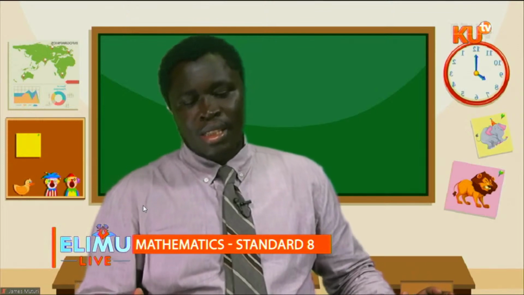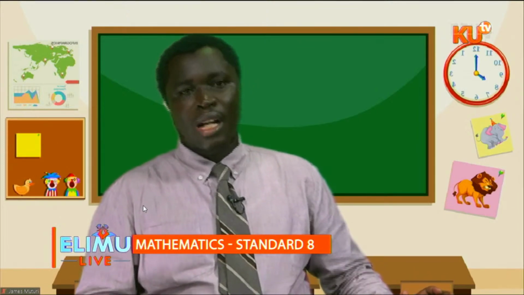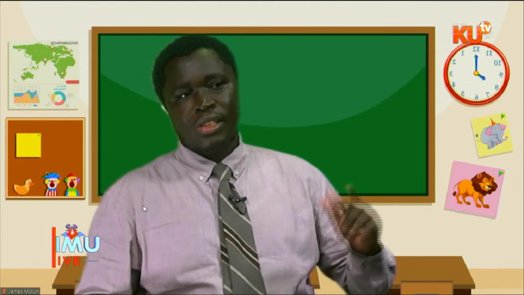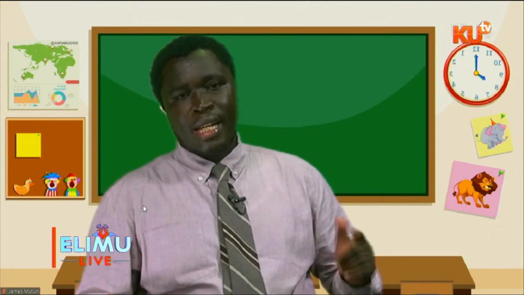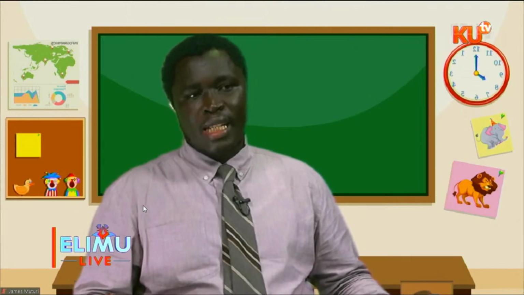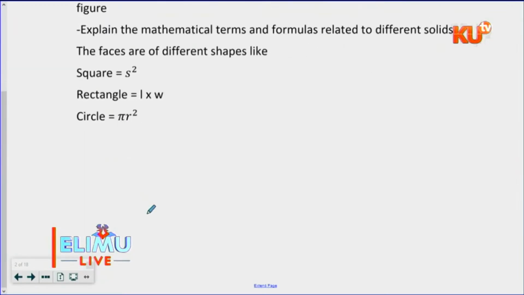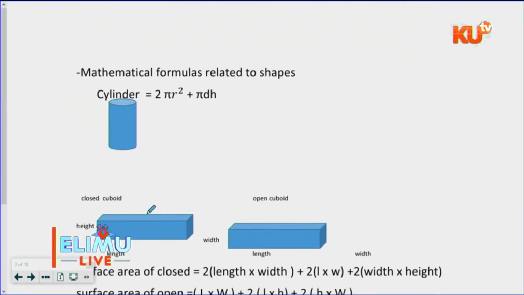Shape number three, circle. How do we get the area of a circle? Pi r squared. Area of a circle. Good. And this one will lead us to our next example of shapes that we are going to see.